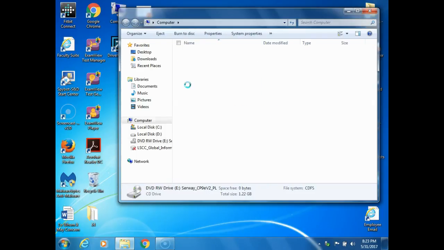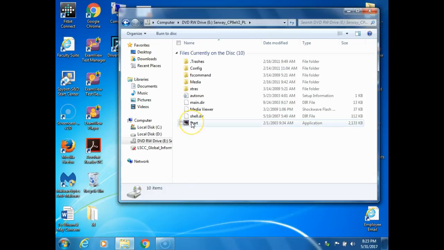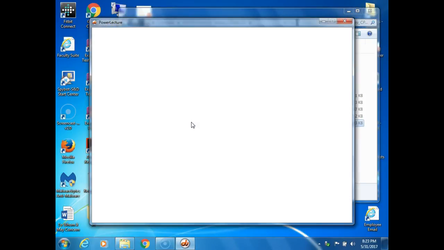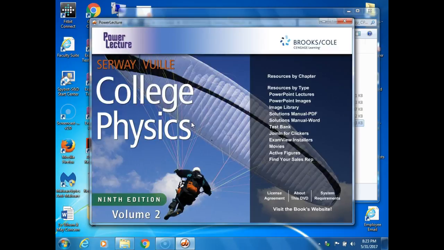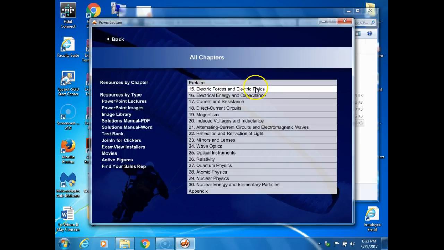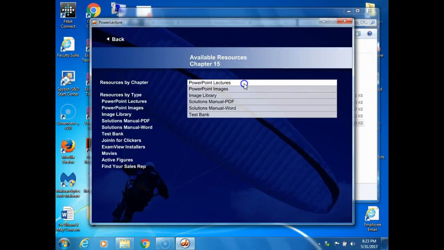And we'll be on this diskette from now on, so I won't have to be swapping. Okay, resources by chapter, 15, electric forces and fields, PowerPoint lectures. Actually, I shouldn't speak too soon, but it seems to be going faster than the other one did.